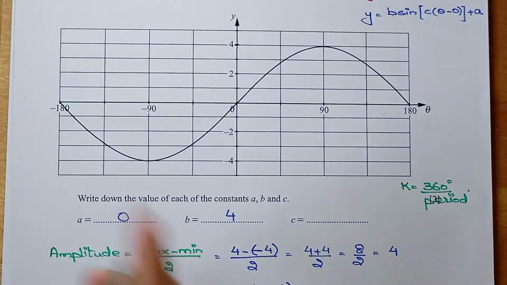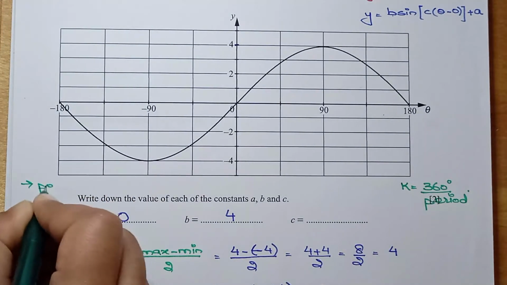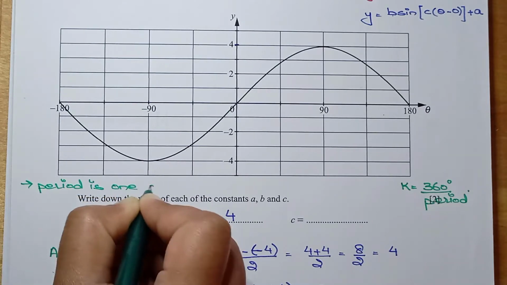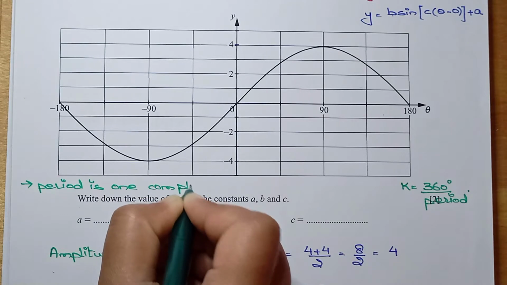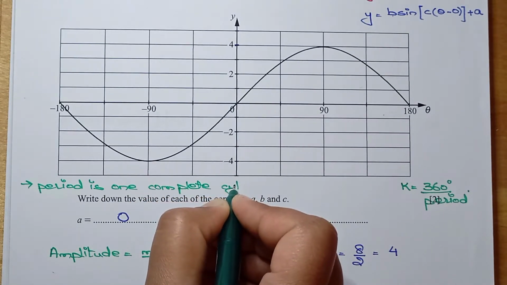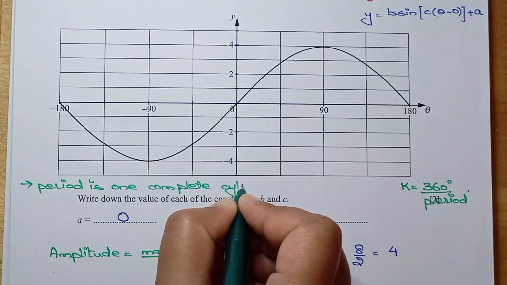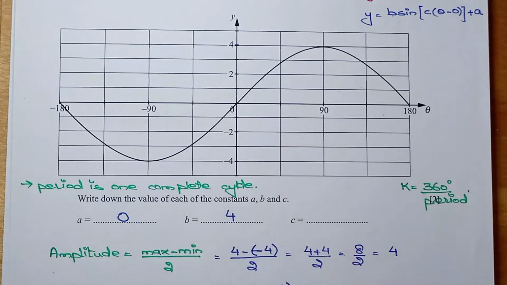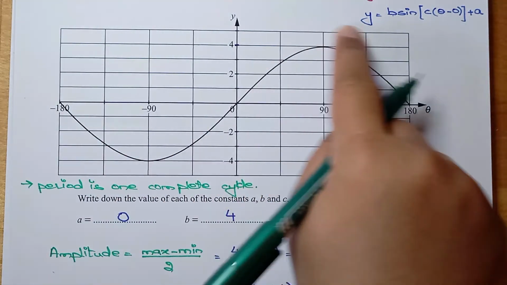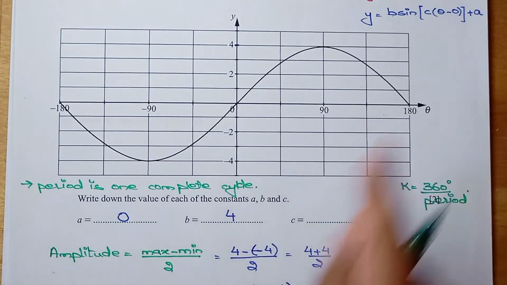So keep in mind that period is one complete cycle. And what do I mean by one complete cycle? One complete cycle is basically from one maximum to another maximum, from one minimum to another minimum, or from one equation of axis to another equation of axis. Like you can see, this is one complete cycle. This is a period, right?